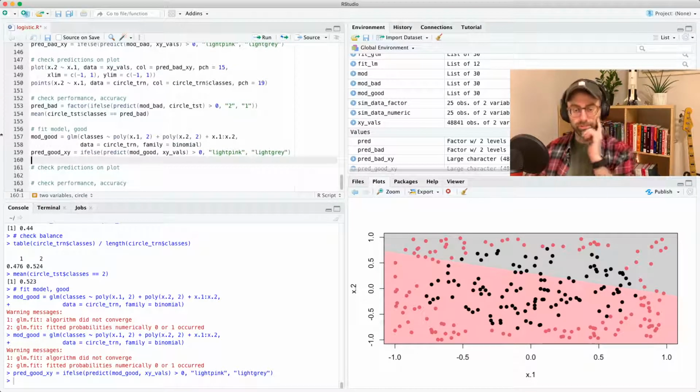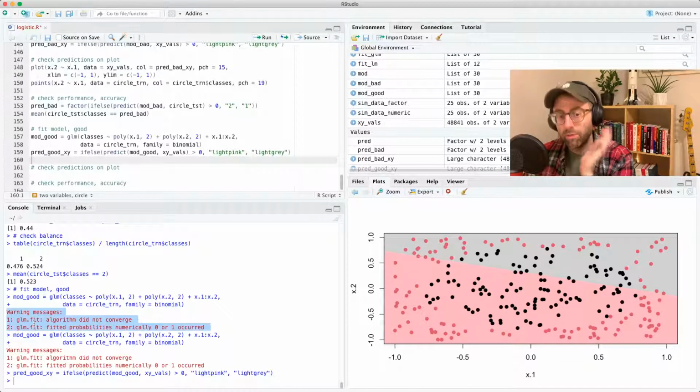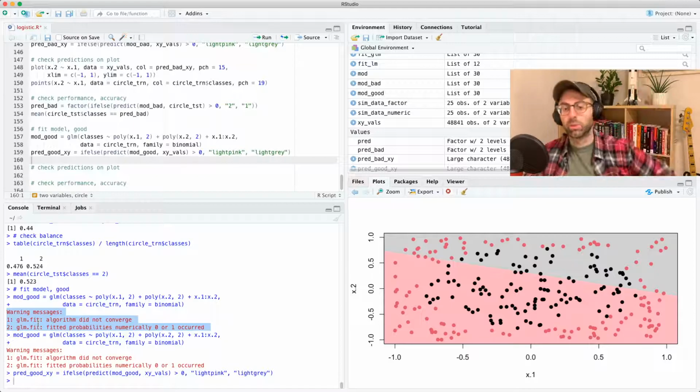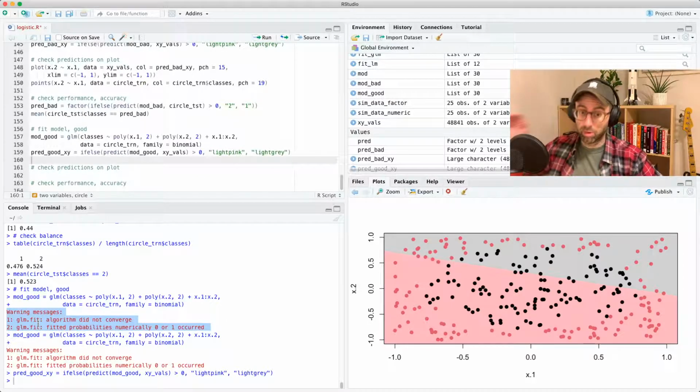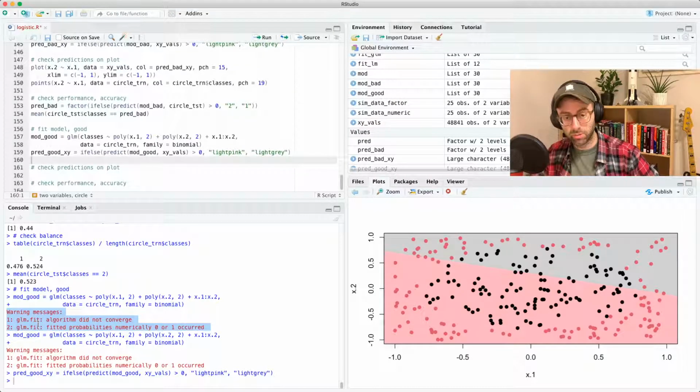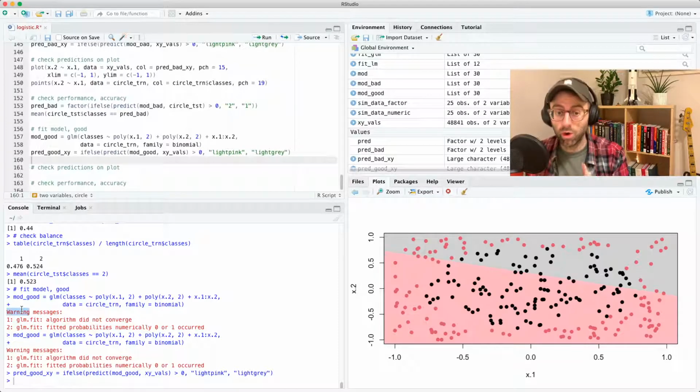Oh, this is good. So when you're fitting logistic regression, you might see this sometimes. This happens in one of two situations. One is when you can perfectly separate your data, or two, if you get really close to it. Basically, it's numeric issues. But to be clear, this is a warning, not an error. So your model still fit.